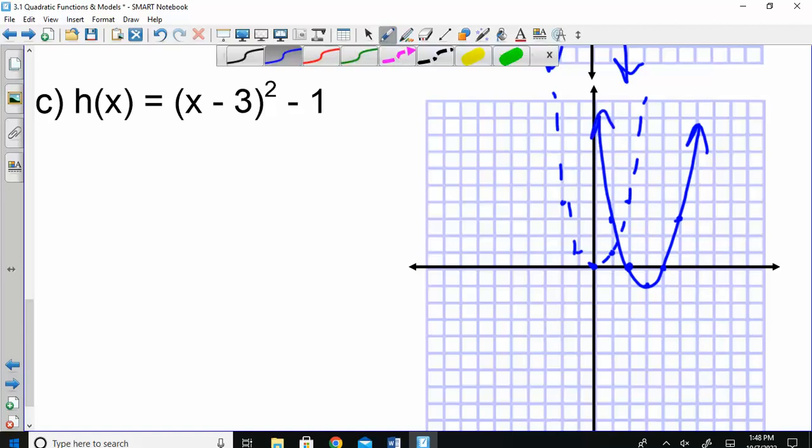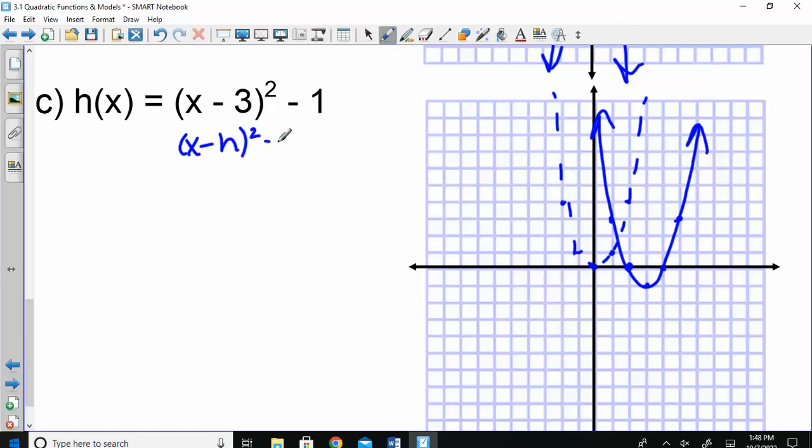If you think about the formula, sometimes people get really confused on this. The formula is minus h. So the minus, that means my h is just a +3 when I'm looking at my vertex. Then the formula has a plus k, so since it's a -1, it's at -1.